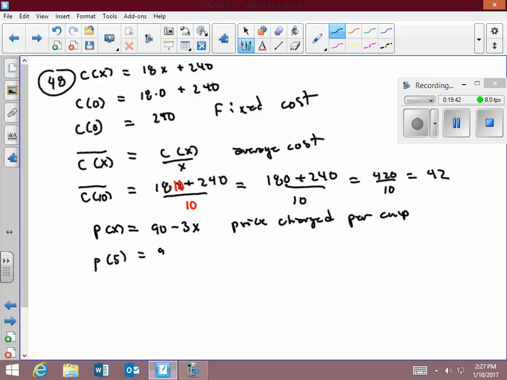So if you're going to sell 5 cups, you will price this at what? 90 minus 15? 75 cents, is that right? Price it at 75 cents, you'll sell 5 cups. And that's more of what it looks like when you're trying to do it.